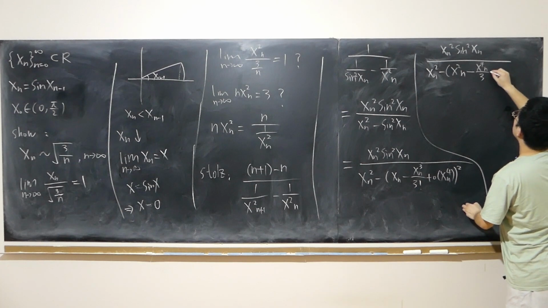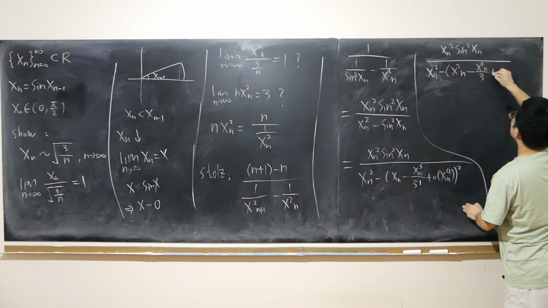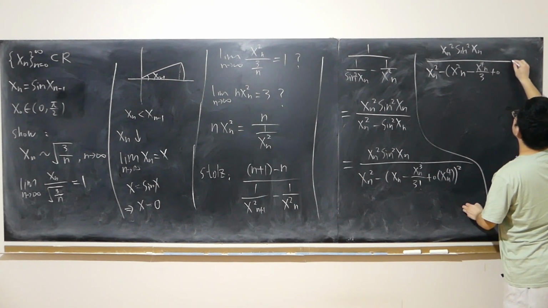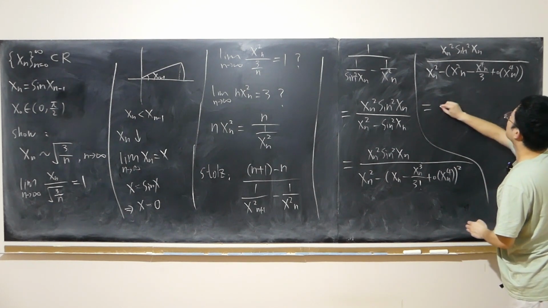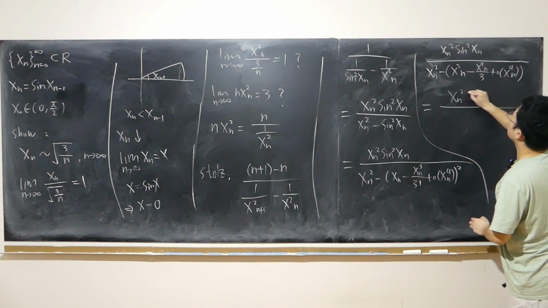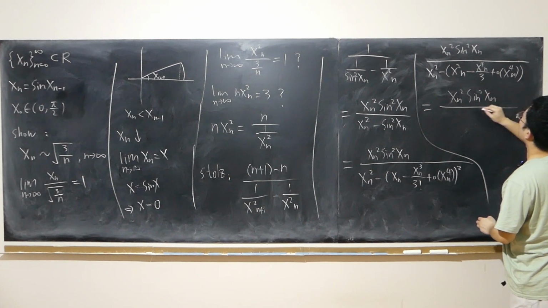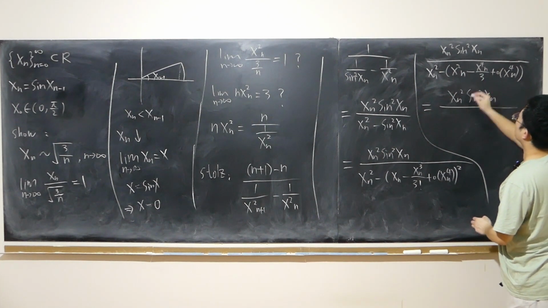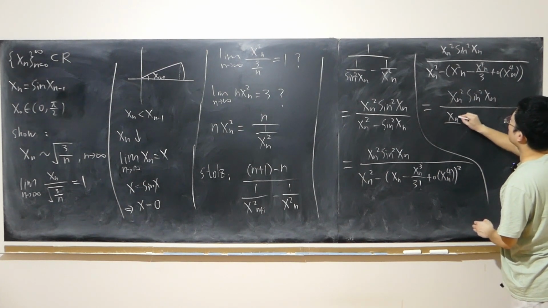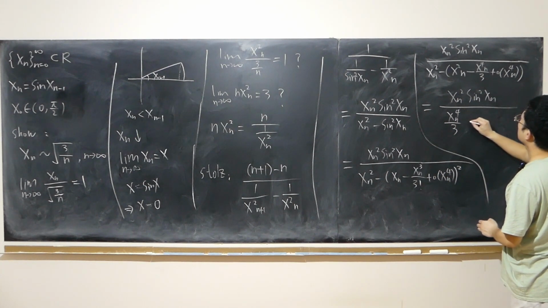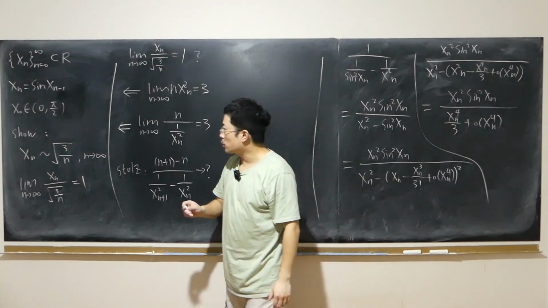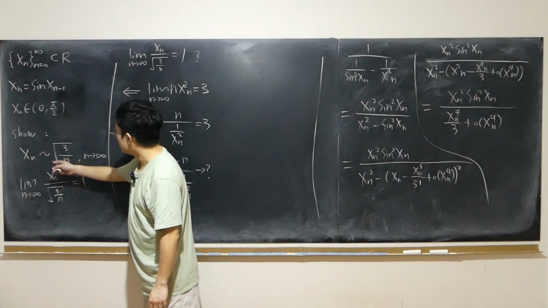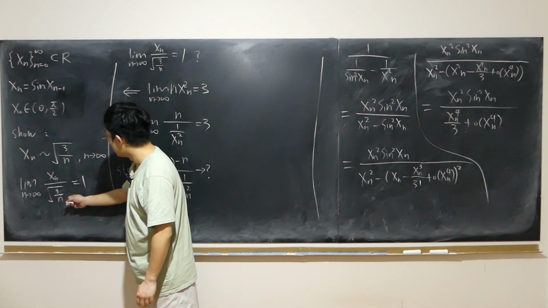So eventually I have plus little o of xn to the fourth. The xn squared minus sine square xn is xn to the fourth over 3 plus little o of xn to the fourth. I want to show that the limit of xn over square root of 3 over n is equal to 1.